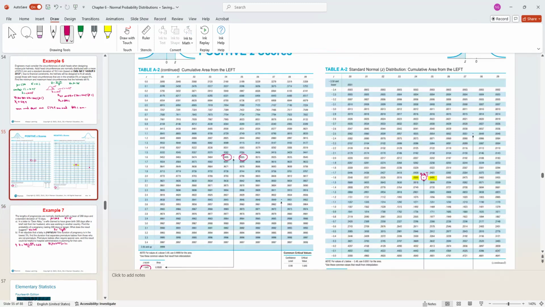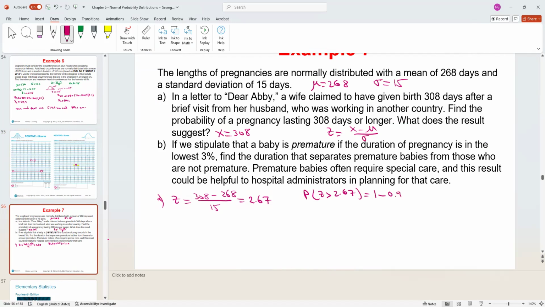Go in the table. What's the probability for 2.6, going all the way to 7? 0.9962. If you subtract, 1 minus 0.9962 is 0.0038. The probability of the guy being the father of that kid is 0.38%.